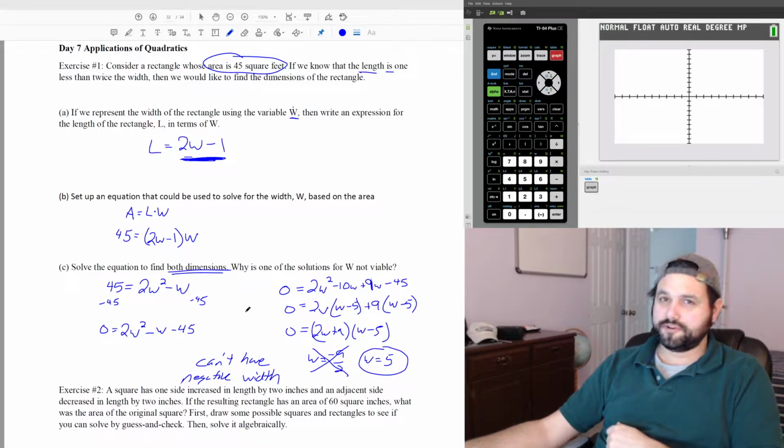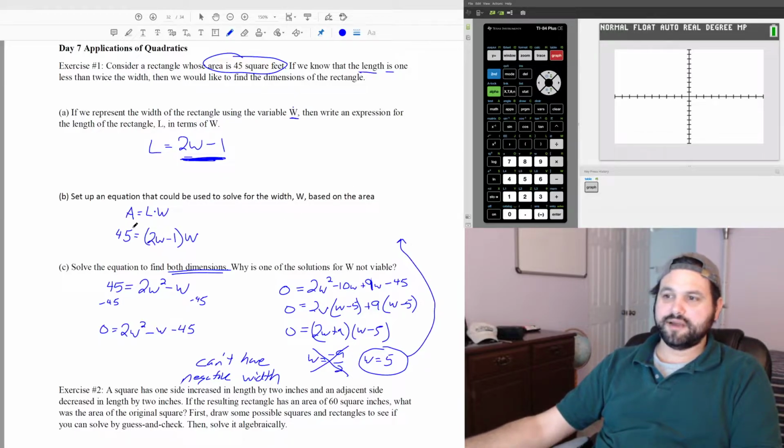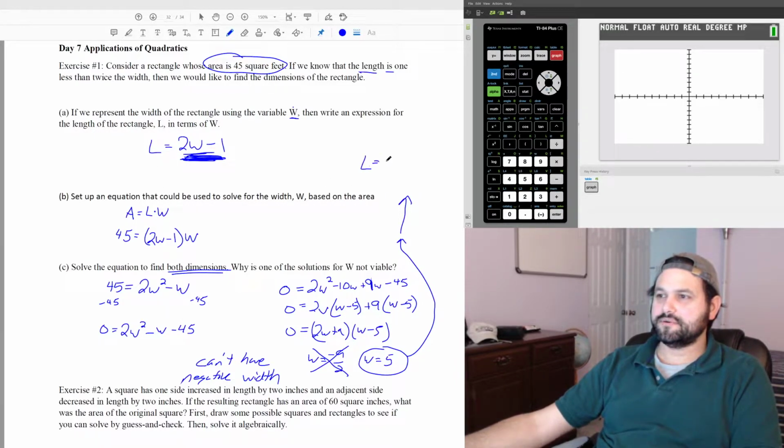We need both dimensions. I have the width. I need the length. I need to now take this 5, bring it back up to find my length. My length was up here. So length equals 2 times 5 minus 1.